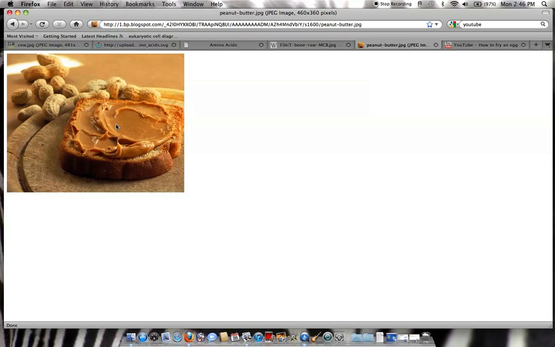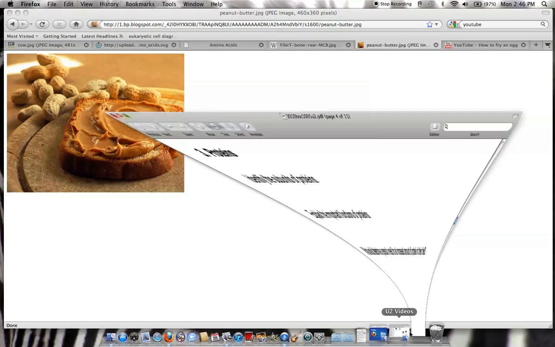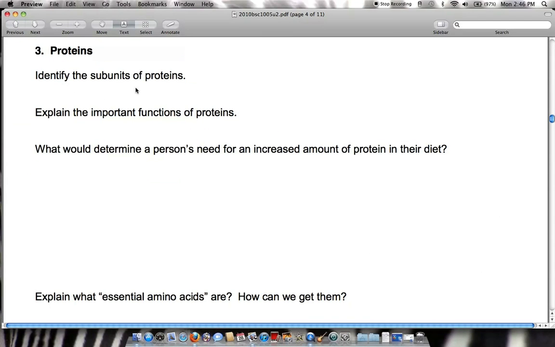Let's take a look now. Let me get back on track here. We talked about functions. Remember, we talked about amino acids. These are the subunits of proteins. We talked about essential amino acids. We talked about functions of proteins: hair, enzymes, muscle.